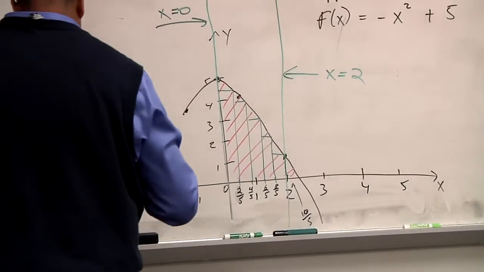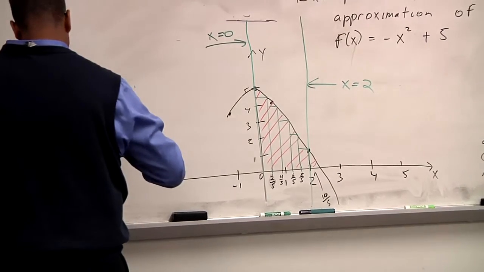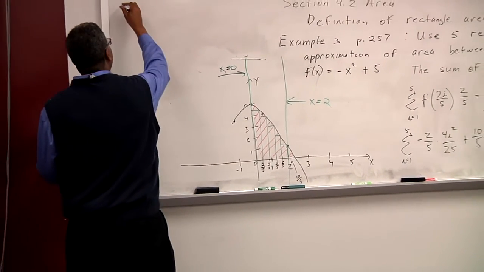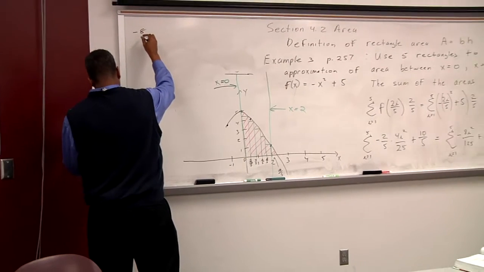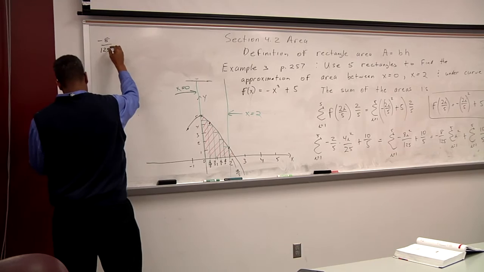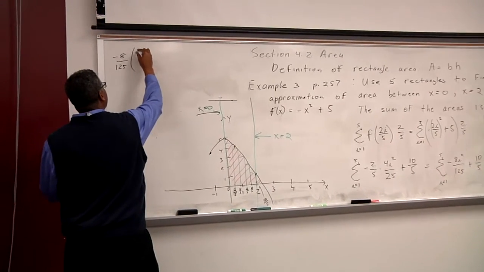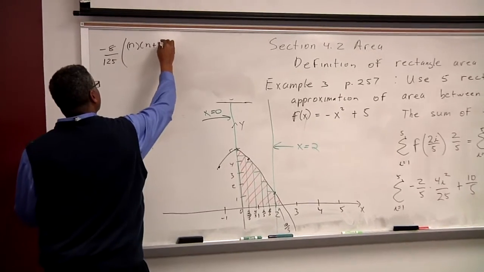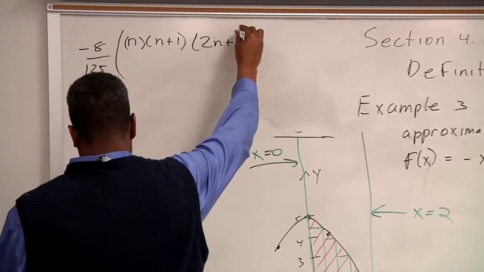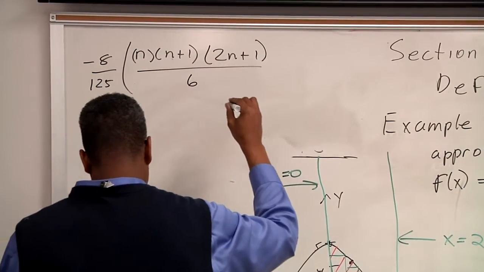So we're going to get, let's just rewrite what we have. Using that substitution from the formulas we had in the last video, minus 8 over 125. The substitution is going to give us n times n plus 1 times 2n plus 1 all over 6.